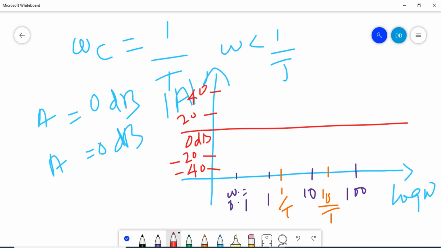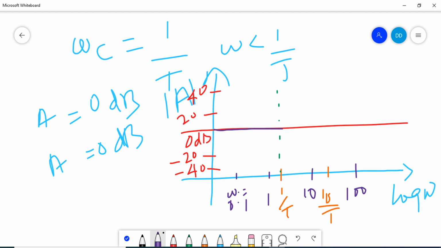Now till the corner frequency 1 by t, our Bode plot is nothing but a straight line of 0 decibels. So 0 decibels straight line till 1 by t.